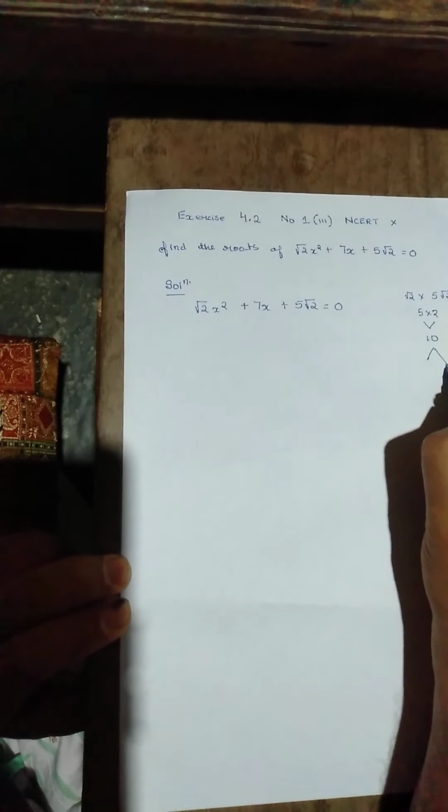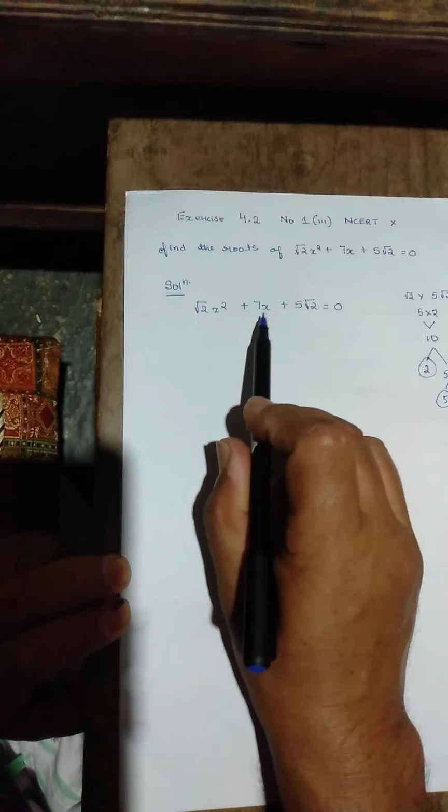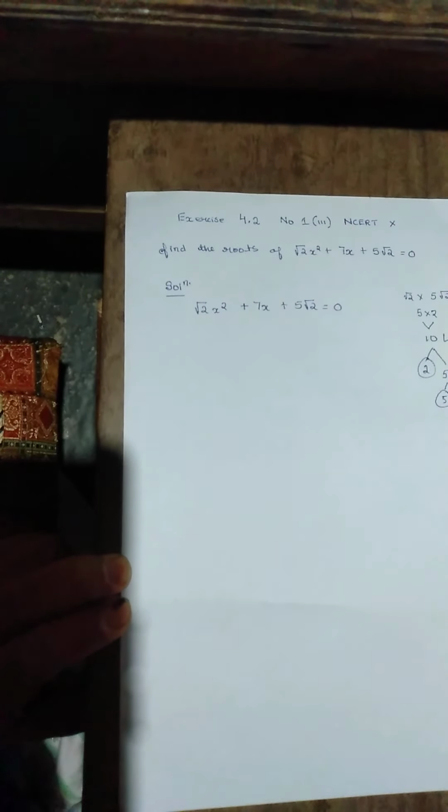Now, using the factor tree, this 10 would be 2 into 5, and then this would become 5 into 1. So you have two factors here, 5 and 2, which you can manipulate to get the product of 10 and the sum of 2.